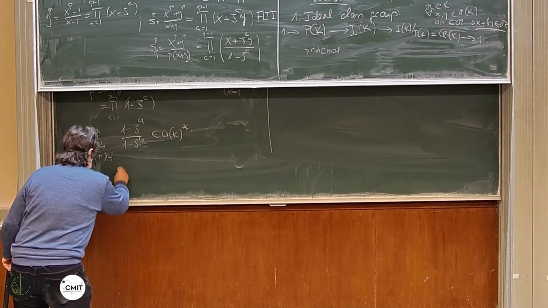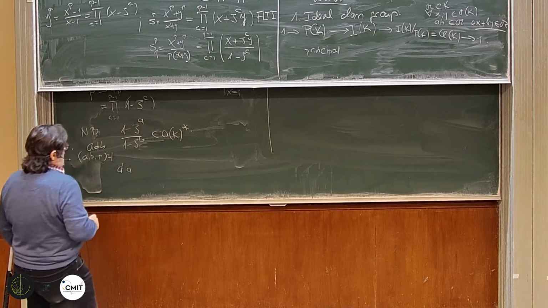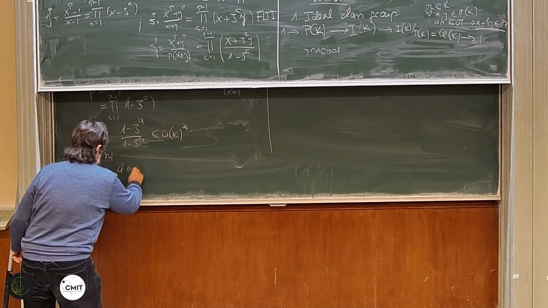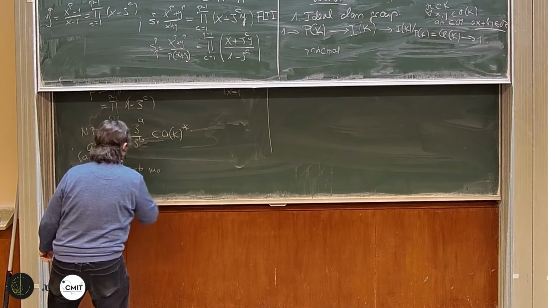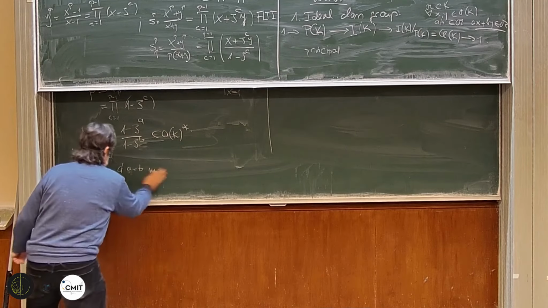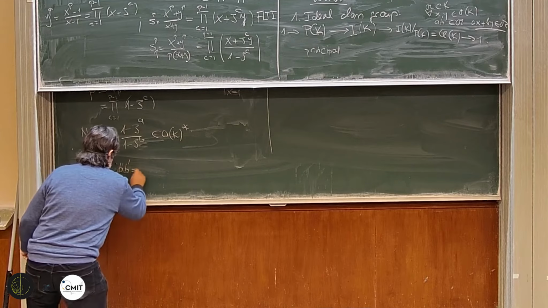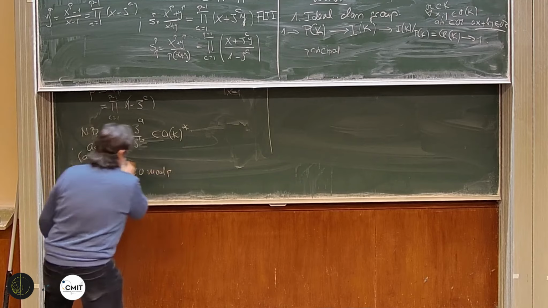Because there is a B prime such that B times B prime is congruent to A mod p.